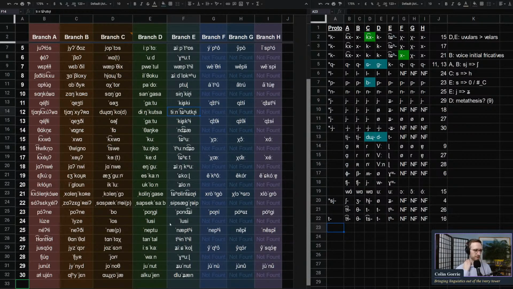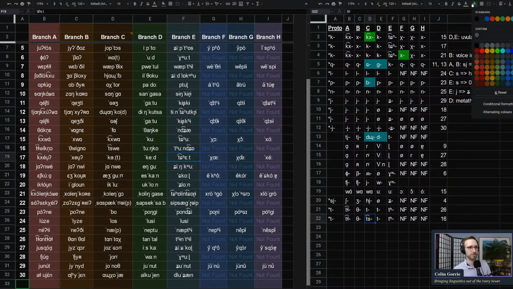Although, where did that aspiration come from? It doesn't really contrast with anything. So maybe it just becomes aspirated. Yeah, that's possible. And we have a little wrinkle here.